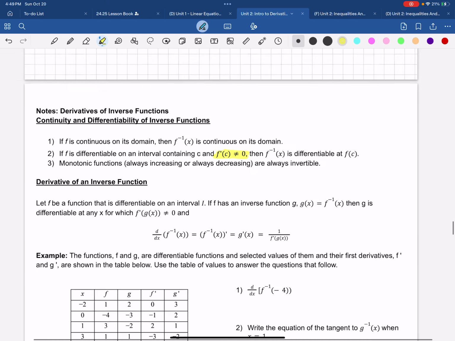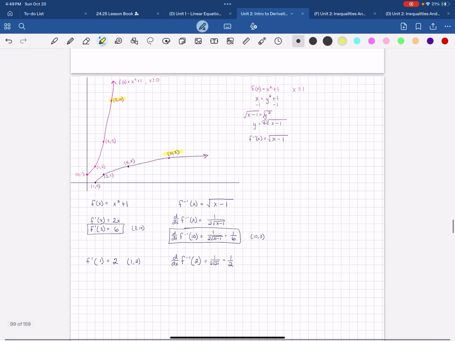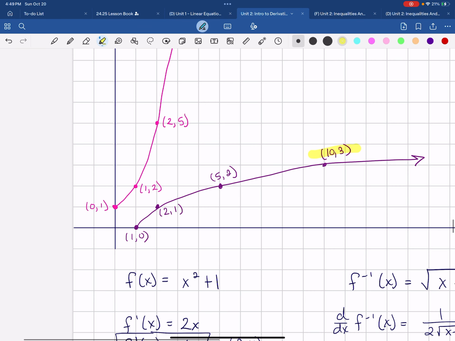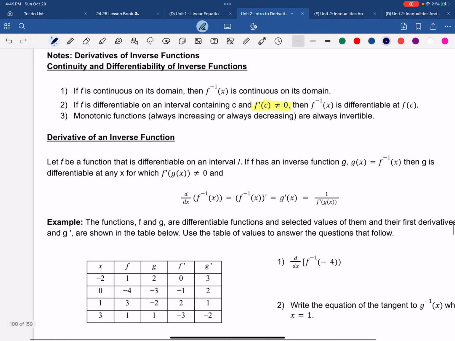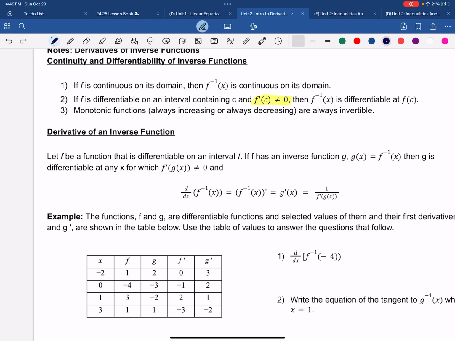So that's one of the reasons we had to restrict this domain right here, because where we would have had a horizontal tangent line would be at the vertex of this parabola. But by restricting the domain, we got rid of that horizontal tangent line, which resulted in a function that was fully differentiable across its entire domain. And then a monotonic function is a function that's always increasing or always decreasing.